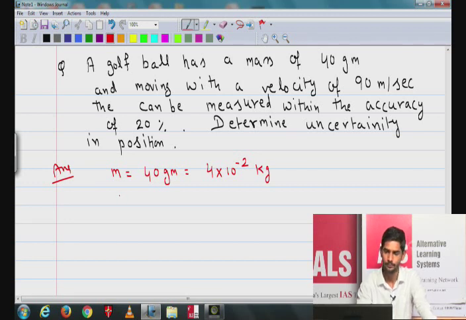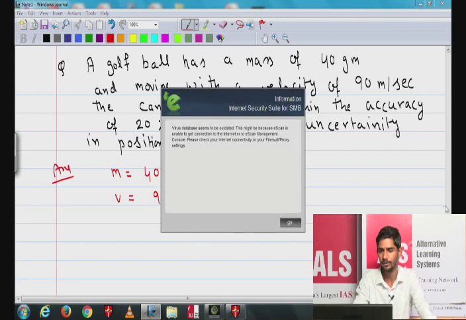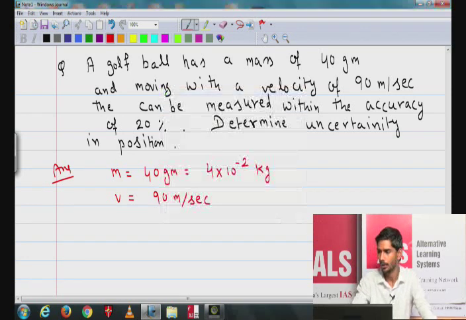Now, we are given the velocity, which is 90 meter per second. But there is a statement that it can be measured within the accuracy of 20%. The statement signifies that the uncertainty involved with the 90 meter per second is 20% only.